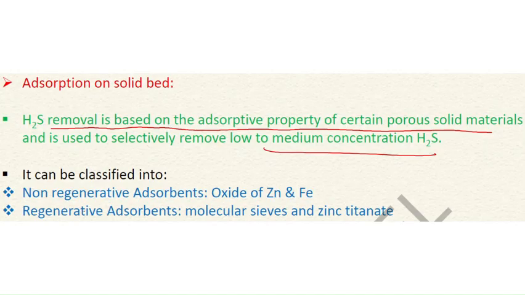Two types of adsorbents used are non-regenerative adsorbents, which are basically single-use adsorbents. Mainly, oxides of zinc and iron are used as porous solid materials on which H2S gets adsorbed. And the regenerative type can be further regenerated for multiple rounds. So here mainly molecular sieves and zinc titanates are used.